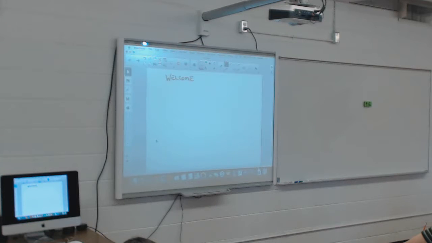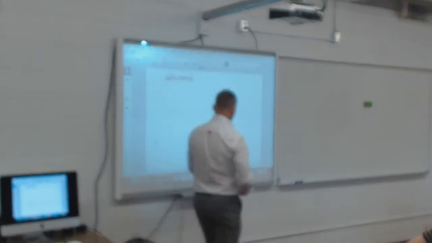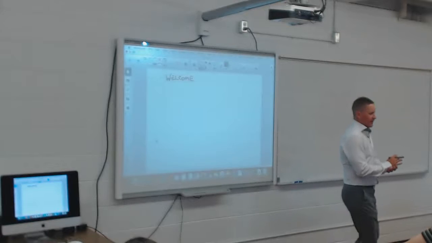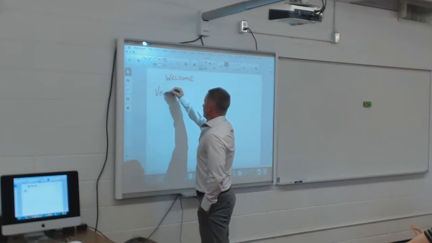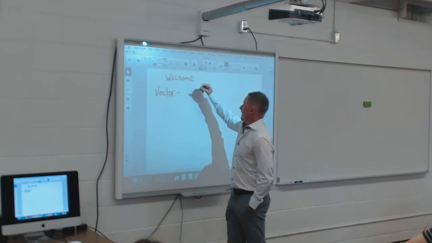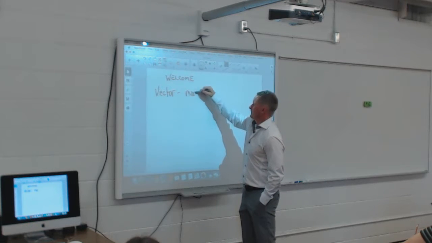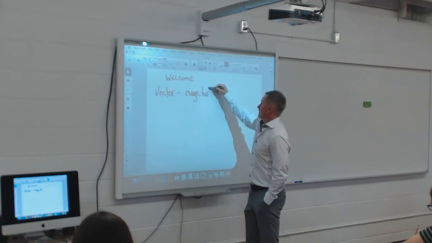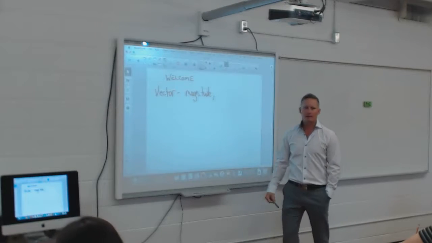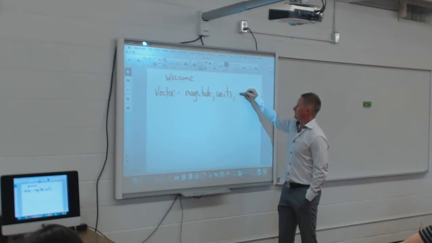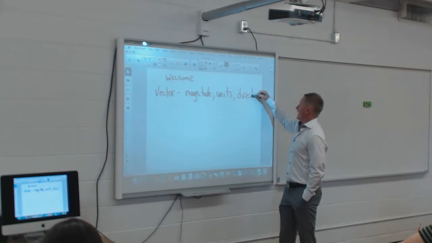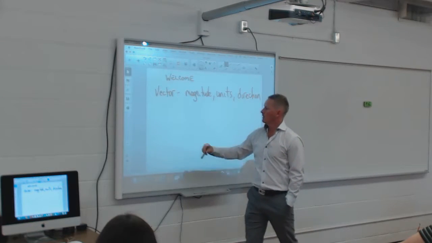Vector has a direction. So when we talk about a vector and a scalar quantity, a vector quantity has a magnitude, units, and also has a direction.